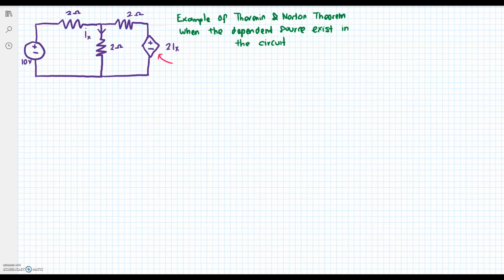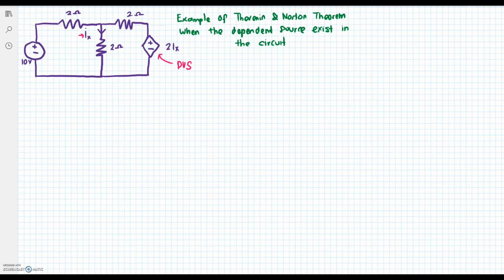Let's see the example of Thevenin and Norton theorems when the dependent source exists in the circuit. As you can see in this circuit, there is a dependent voltage source whose value is 2ix, and ix is the current that flows through the 2 ohm resistor.